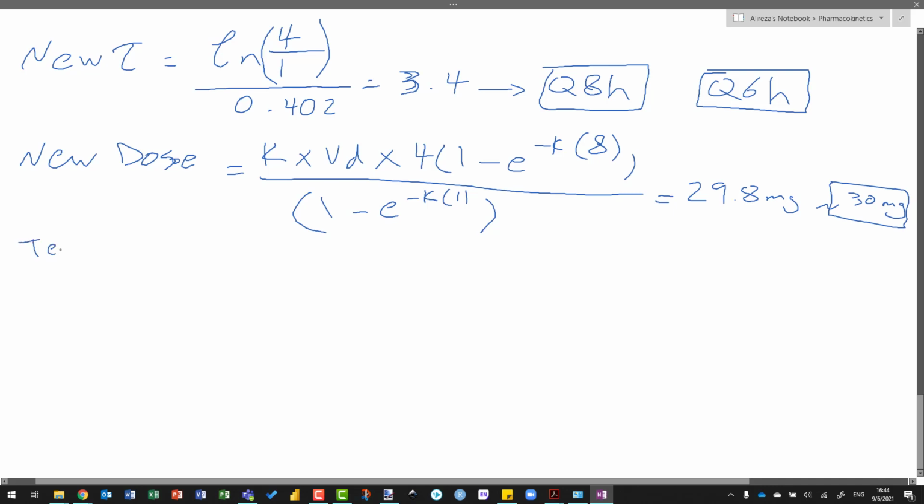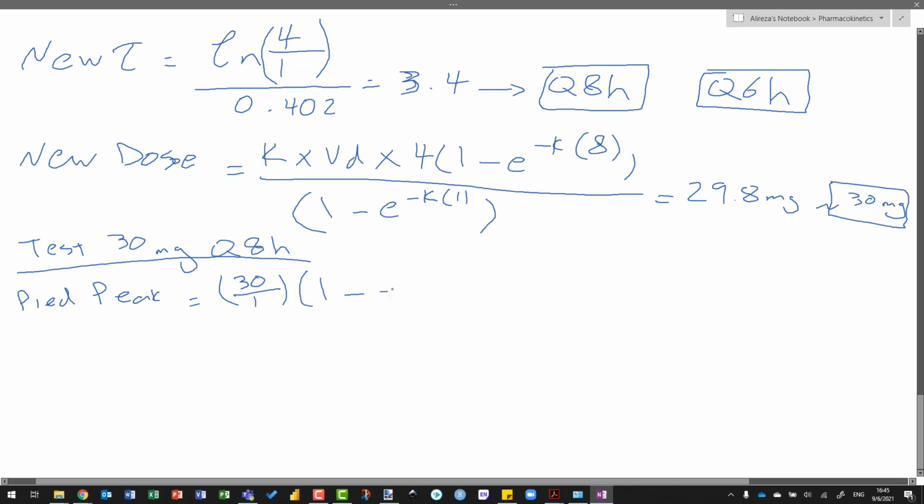Now let's test. We're going to see if it works. So let's test 30 milligram every 8 hours over 1 hour. Our predicted peak would be the 30 milligram infused over 1 hour, and then we have 1 minus e to the negative K. This K would be your new K, 0.402, and then we're infusing over 1 hour.